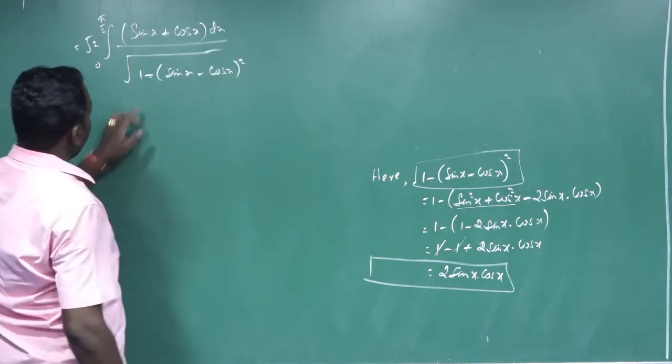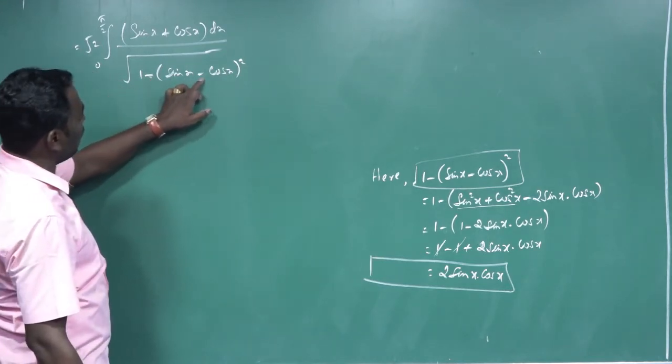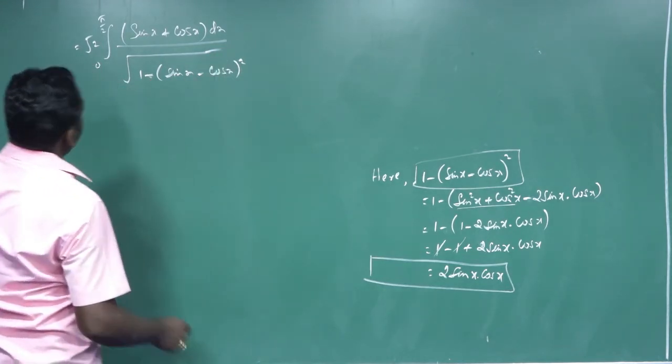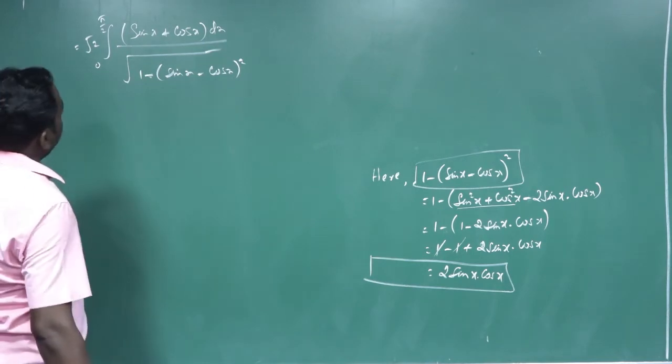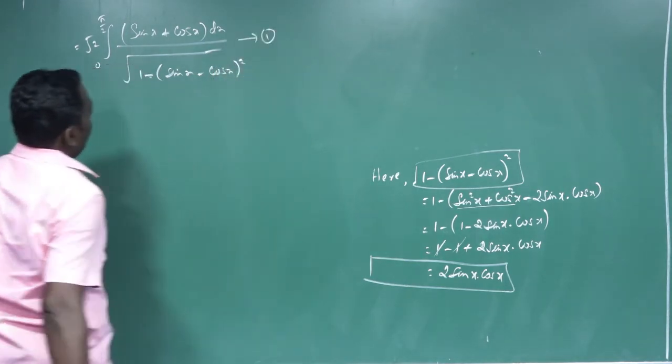So instead of the term 2 into sin x cos x, we have to replace 1 minus of sin x minus cos x whole square. Now this equation we have to take, you can call this equation equal to 1.